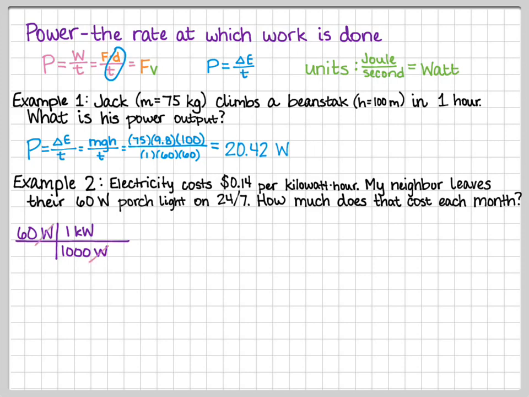Writing it like that lets you cancel out the watts. Then I need to multiply by time, right? Because I'm trying to get to watts or kilowatts times hours. So there's 30 days in a month. There's 24 hours in a day. I'm able to cancel out days unit-wise.